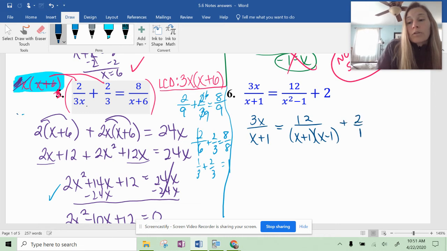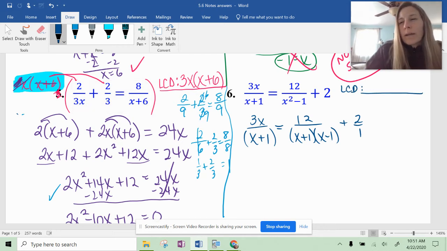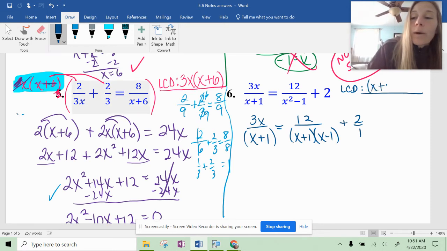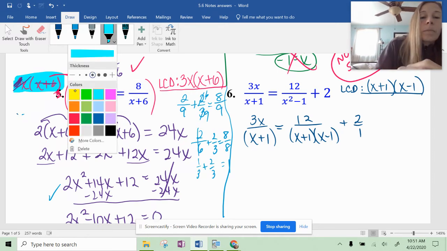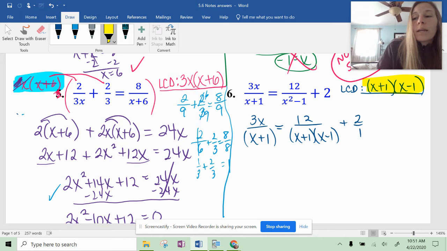And then, of course, this is just 2 over 1. So we have to figure out the LCD here. And the LCD would be a 1, which we don't really need to write because it's not going to do anything. But then you need both of these two binomials as part of your LCD. So you're actually going to distribute x plus 1 and x minus 1 to the equation.